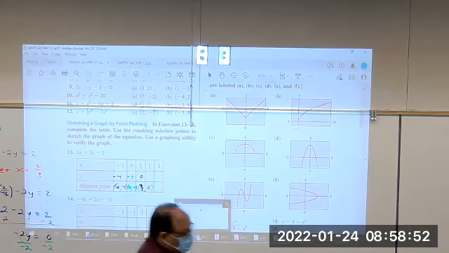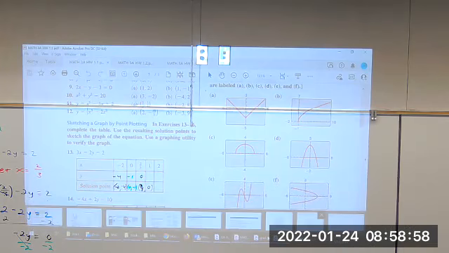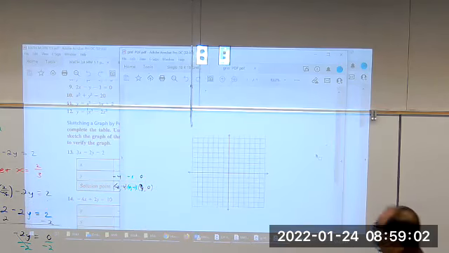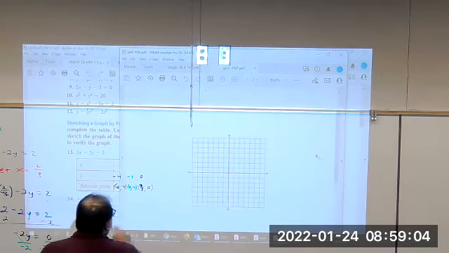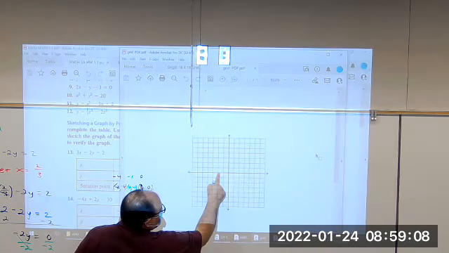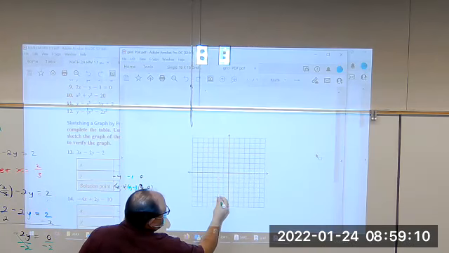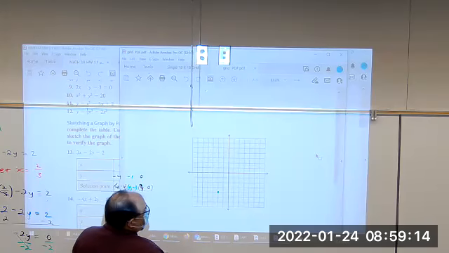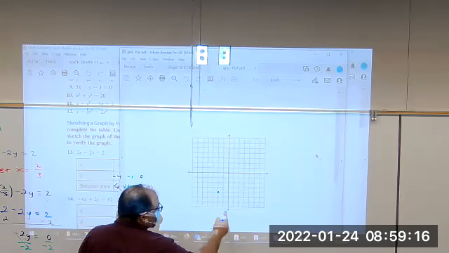So if you go to graph this, at negative 2, y is negative 4. At negative 2, we go down 4, so right here. Now, here's what I want when you graph it.